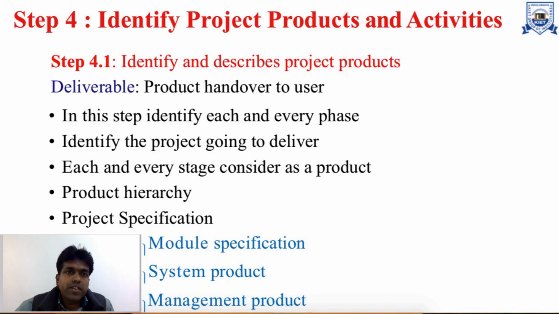Next step is identify project products and activities. In this, we identify and describe various project products, whether they are deliverable on time or not. The steps are to identify each and every phase and the products we're going to deliver, with each stage considered as a product hierarchy and product specification, which involves module specification, system product, and management product.